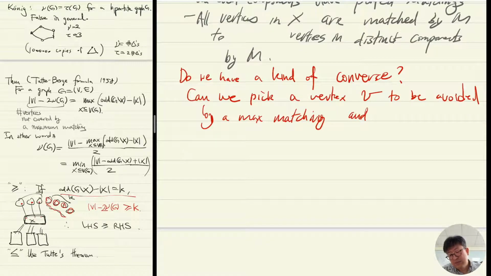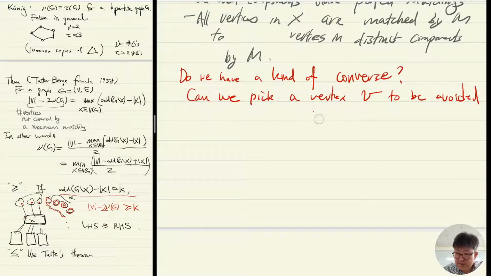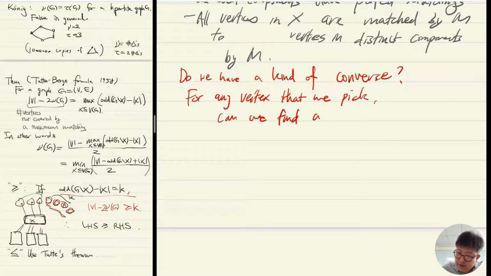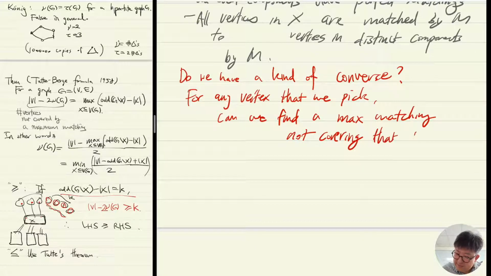Okay, a more precise statement would be, for any vertex that we pick, can you find a maximum matching not covering that vertex?